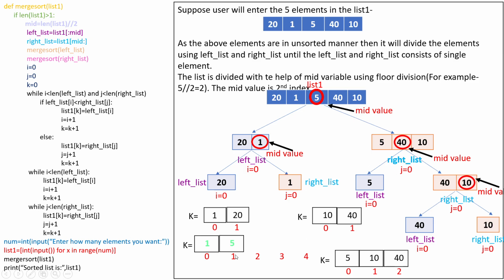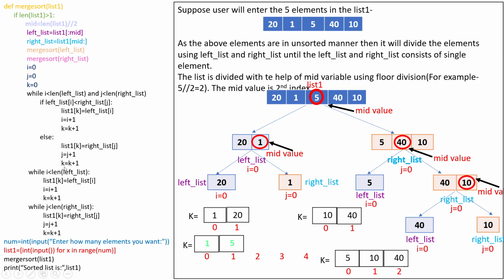Now again we will come across this particular else part. list of k is equal to right list of j, means at my first position of k, I will be placed by the right list 0th position, that is the element we got as 5.